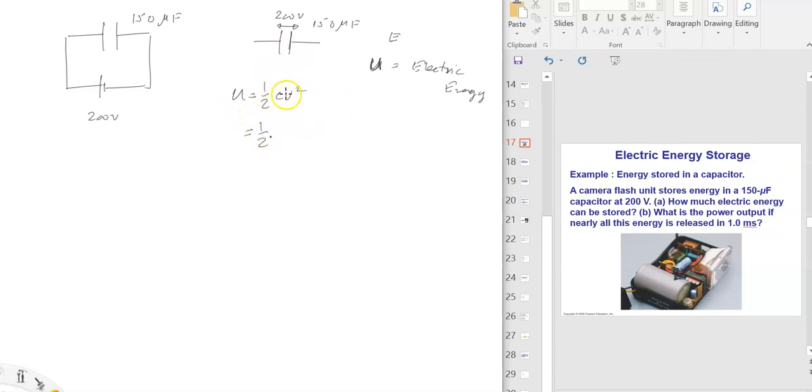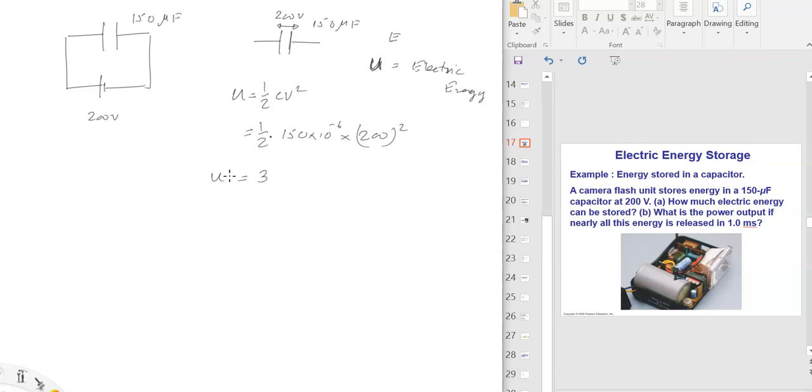So half times capacitance times V squared, 200 squared. Now let's take the calculator and see what the answer is. I get exactly 3. Now what's the unit? This is energy we are talking about, right? What's the unit of energy?